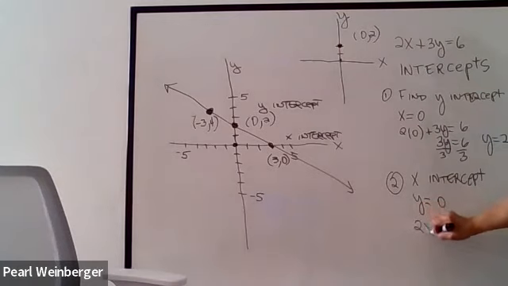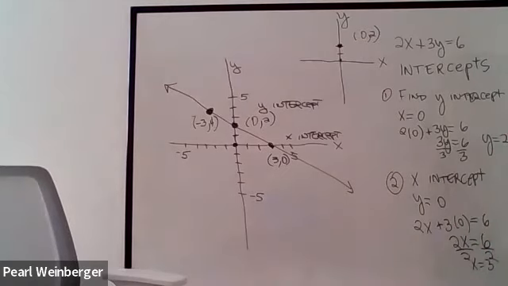So I'll get 2x plus 3 times 0 equals 6. Again, 3 times 0 is 0, so this just becomes 2x equals 6. And that gives me x equals 3.